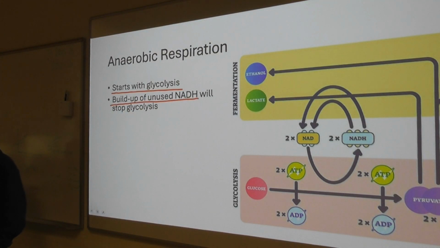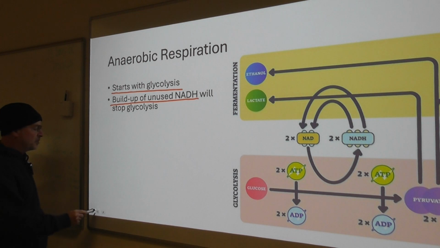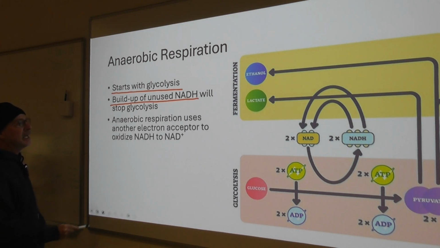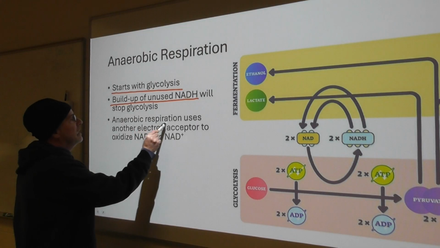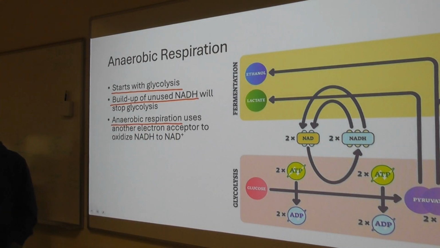We're going to have too much of this product, and we're not going to have enough of the ingredients, and glycolysis will stop. So the whole point of aerobic respiration is to regenerate NAD plus from NADH so that glycolysis can continue. So anaerobic respiration just uses another electron acceptor.